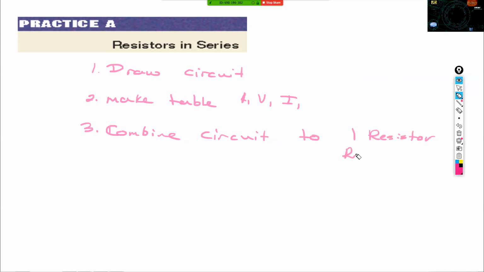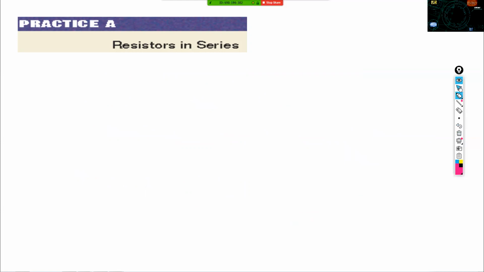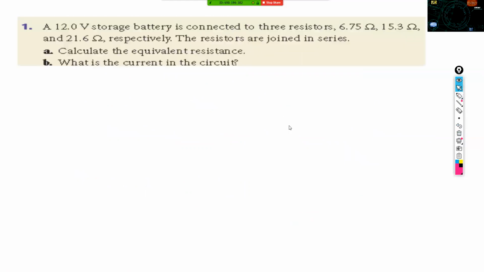That's what you call your equivalent resistance. Step four, work back and find all the missing parts. All right, so let's take a look at these.